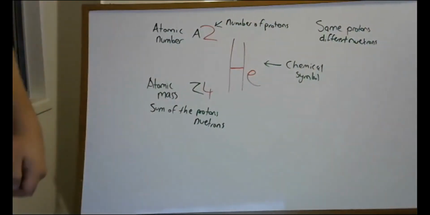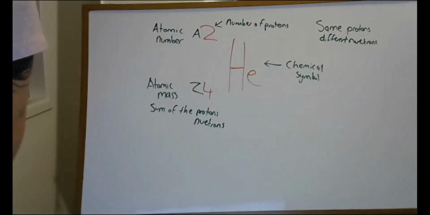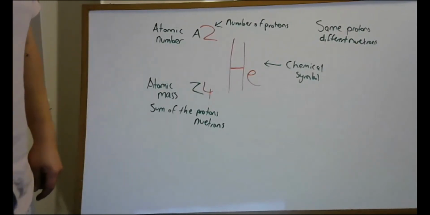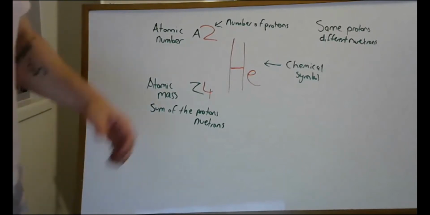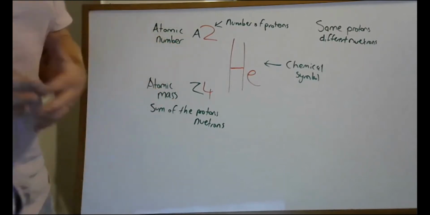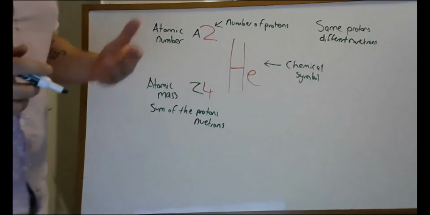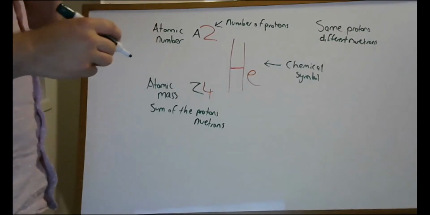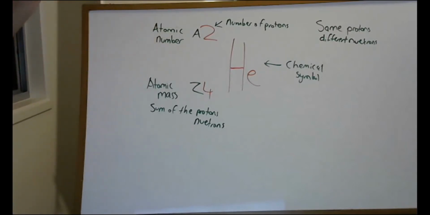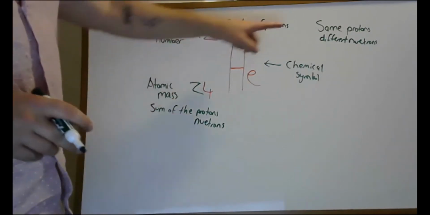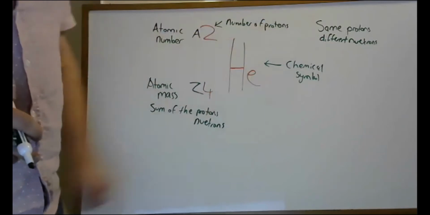Same protons, different neutrons. Now this is really important to understand when we start talking about radiation and nuclear chemistry. So, isotopes: same protons, different neutrons.